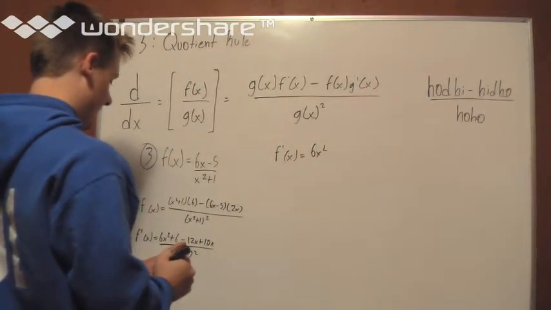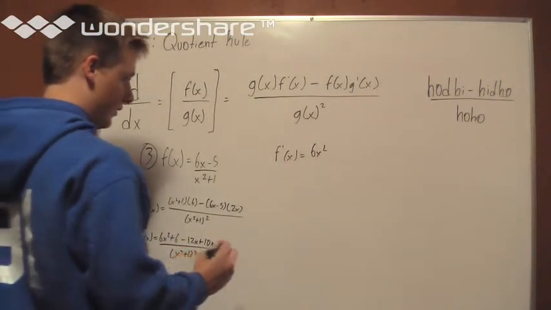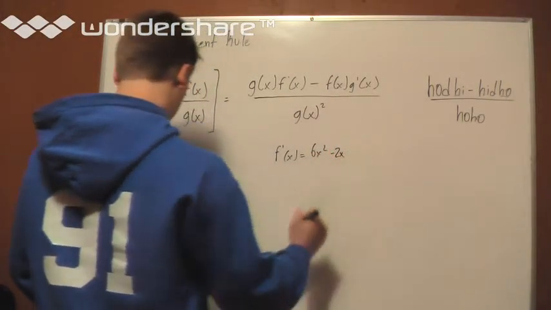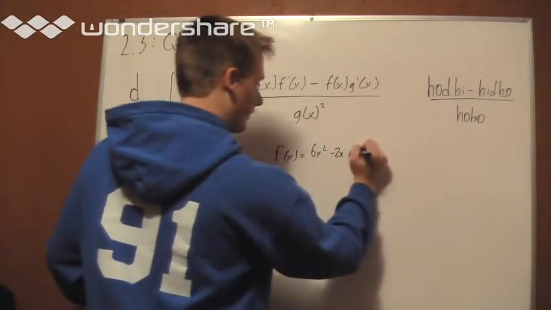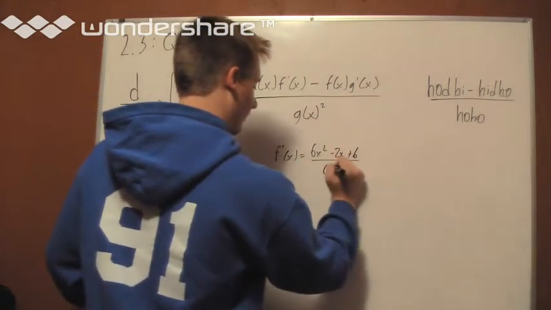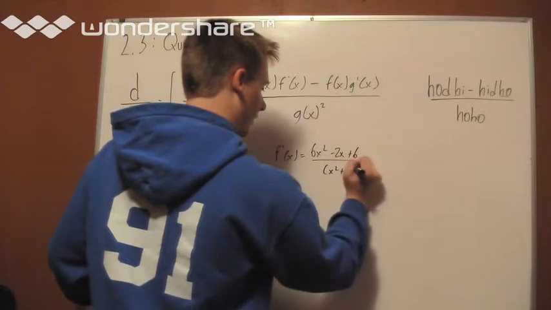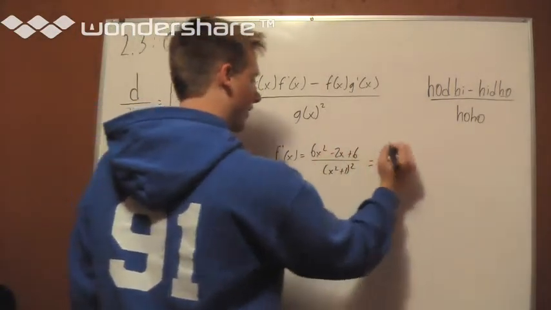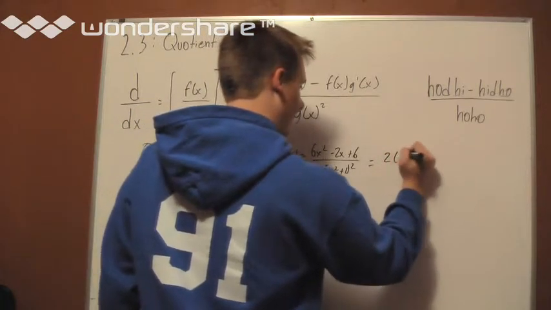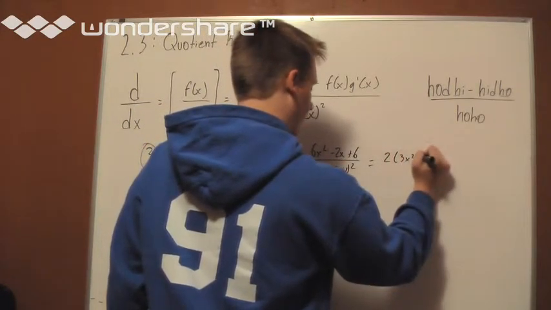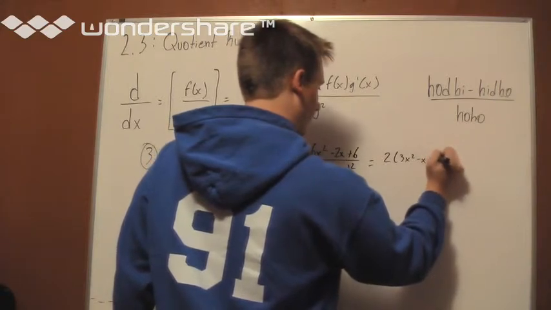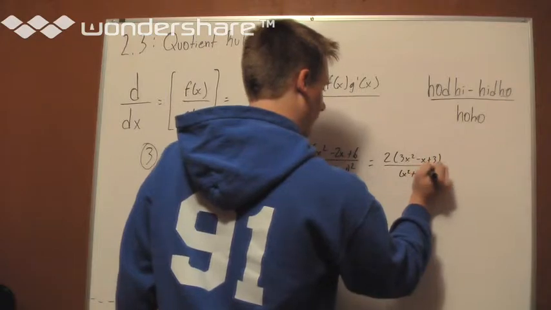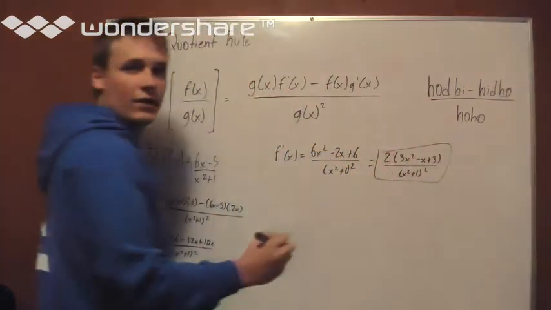And then we notice that minus 12x plus 10x gives us negative 2x, and then we leave the 6, so it's just plus 6. And then it's all over x squared plus 1 squared. Just to simplify this, we can take a 2 out of this whole thing at the top. So we can get 3x squared minus x plus 3 all over x squared plus 1 squared. And that is our answer.